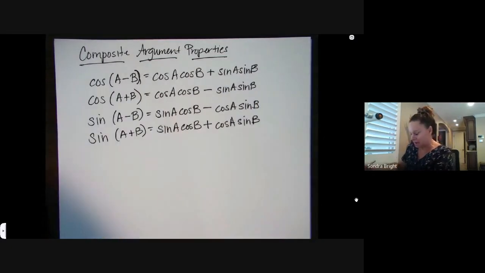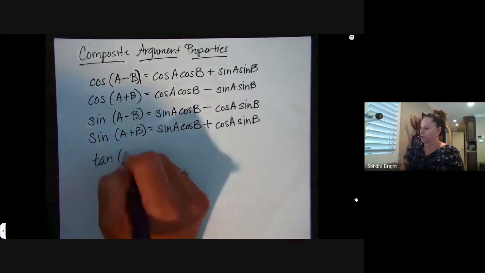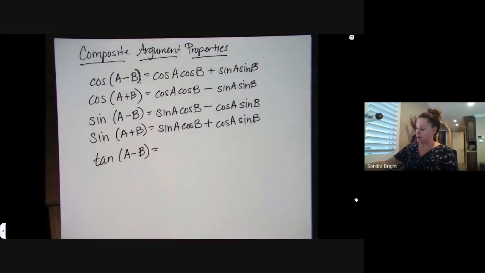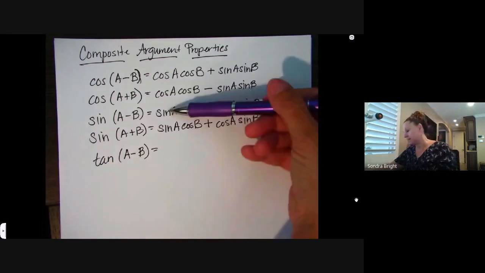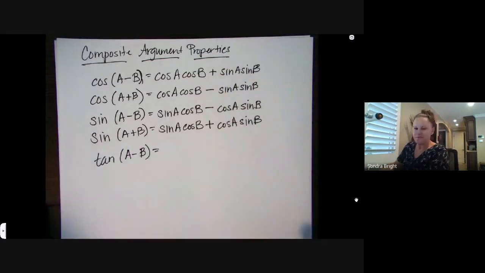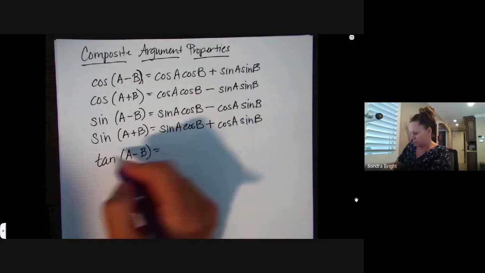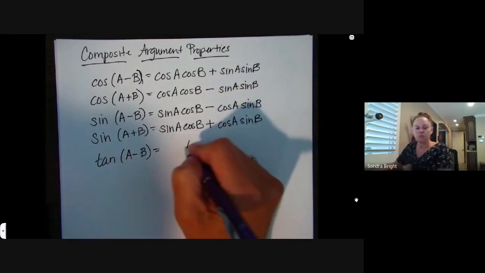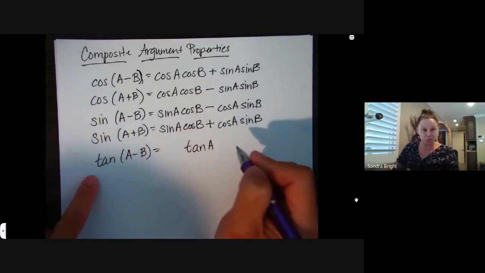Okay, now tangent has one too. What tangent is, you could actually put sine over cosine and see what happens. But what ends up happening is you kind of have a fake distribute, right? Tangent is not something you can distribute.